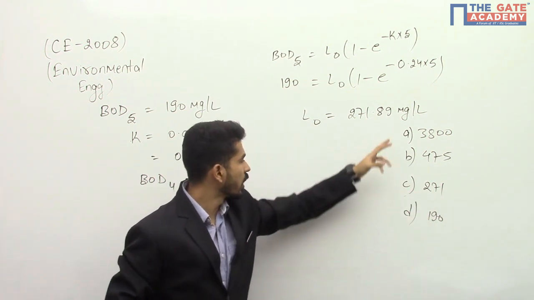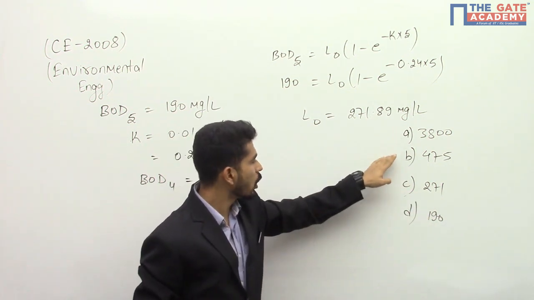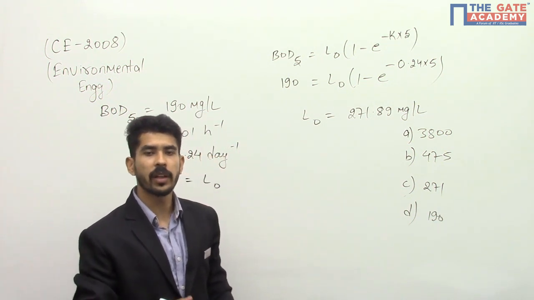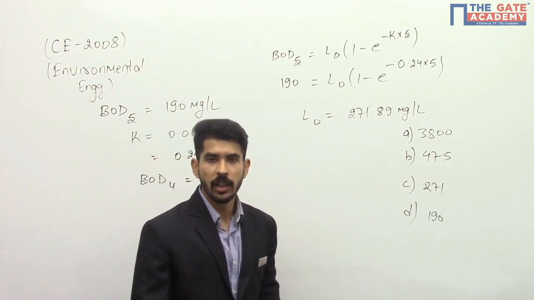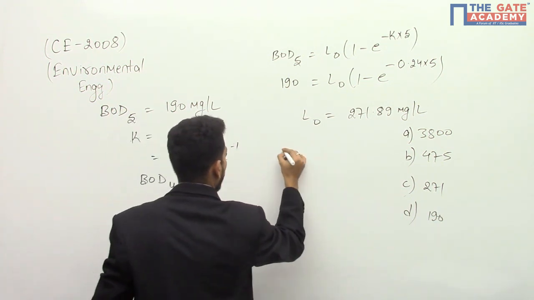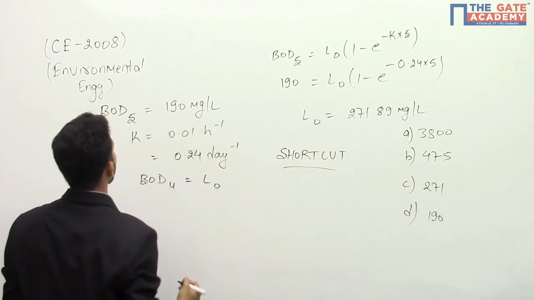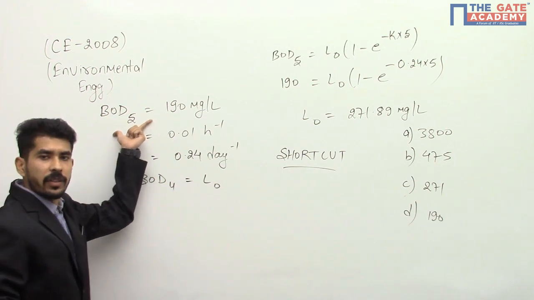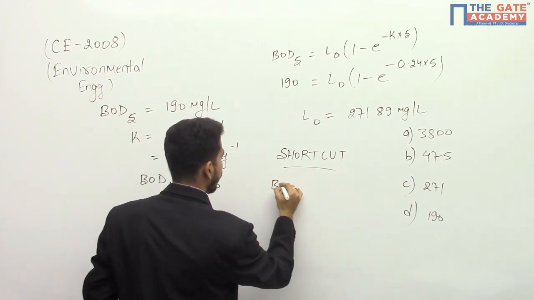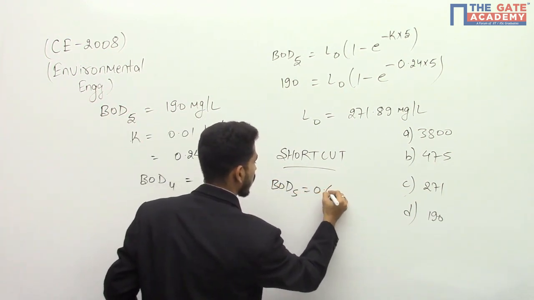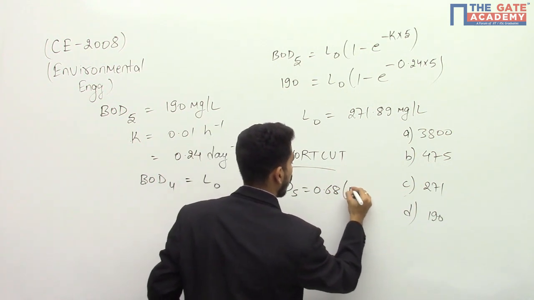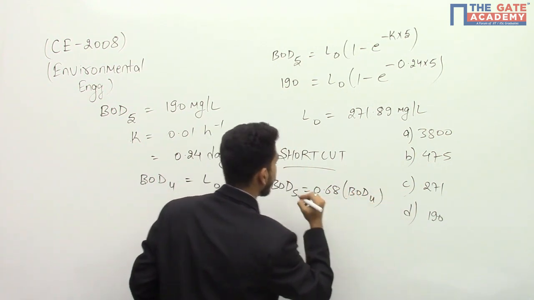But if you carefully look at the options, since these options are not very close, we can directly apply a shortcut. The shortcut says he's giving BOD 5, and we know that BOD 5 is equal to 68% of ultimate BOD.